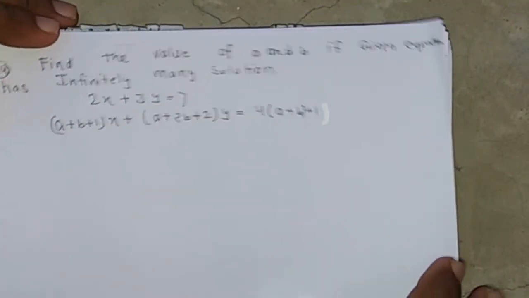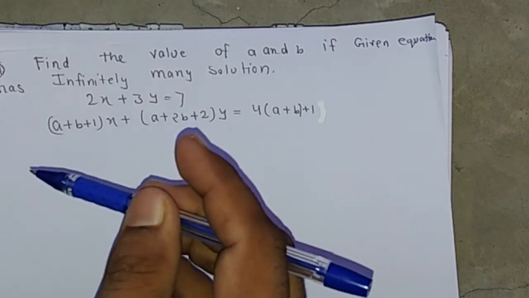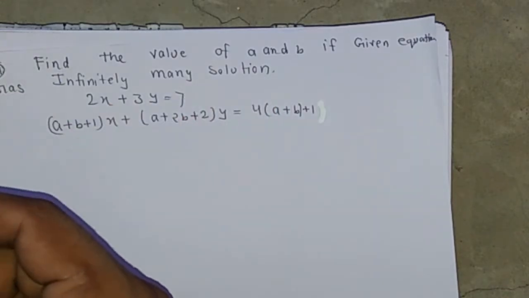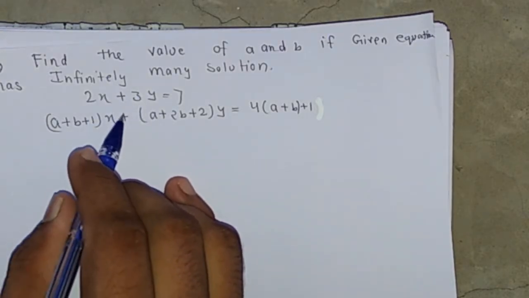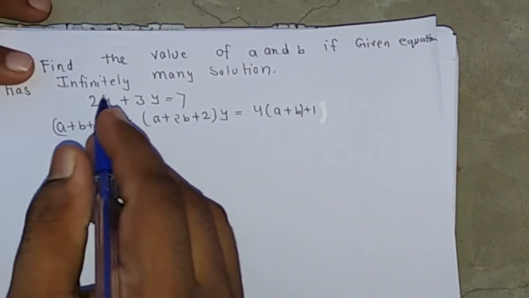Question number 14. Find the values of a and b if the given equations have infinitely many solutions.